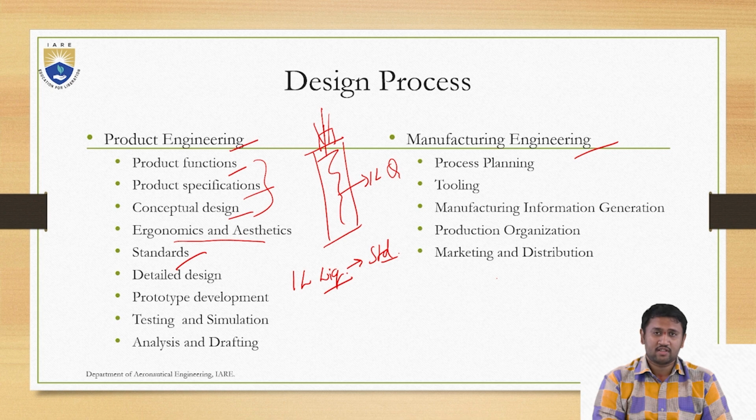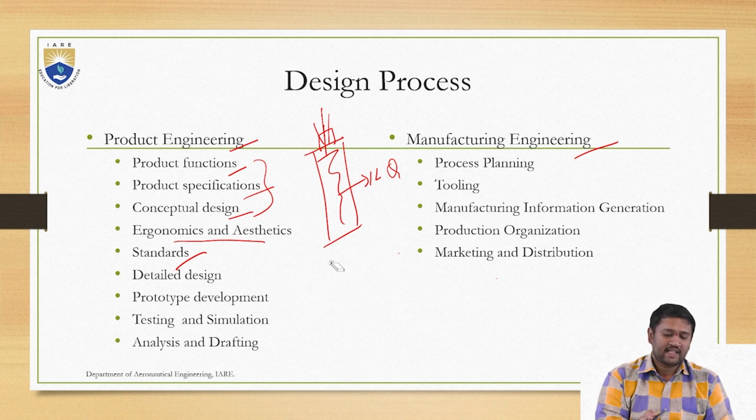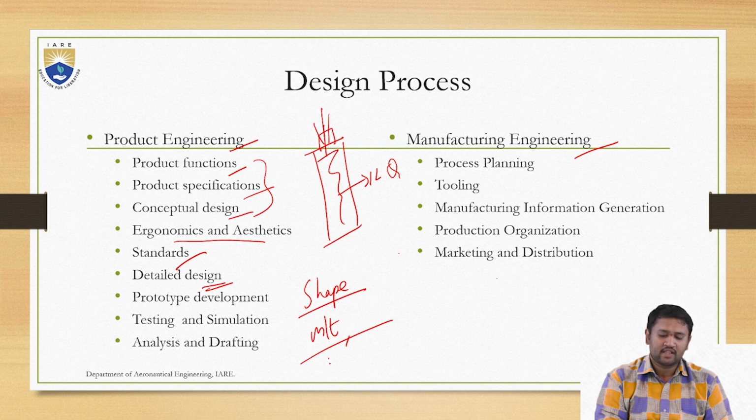What kind of material you are using is also dependent on this. Next is the detailed design that you can get, stating the shape, the material, as well as a few other processes, right?